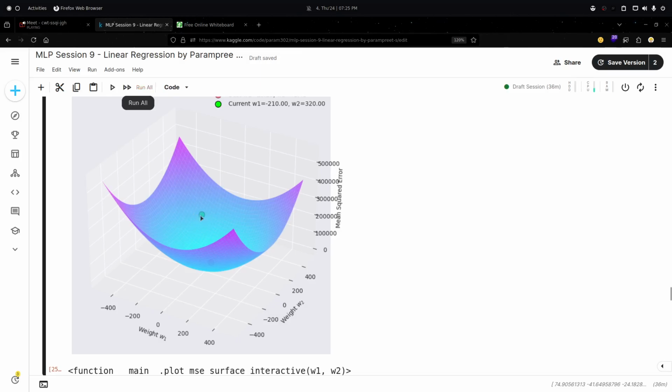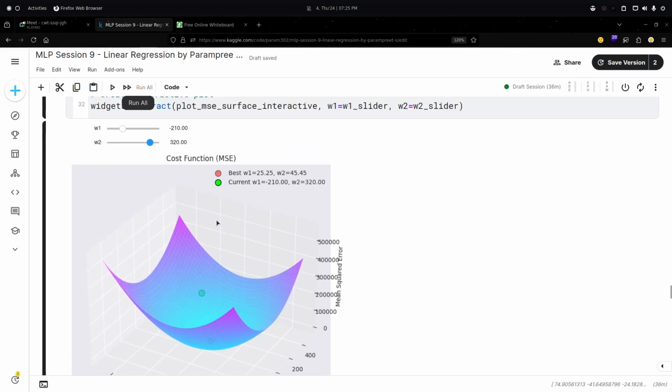This is how, in gradient descent, we find out the slope and we decrease the value of w by the slope. We do it again and again until we reach a minimum value. Here for w2 we have 45.45, so I am just reaching here.